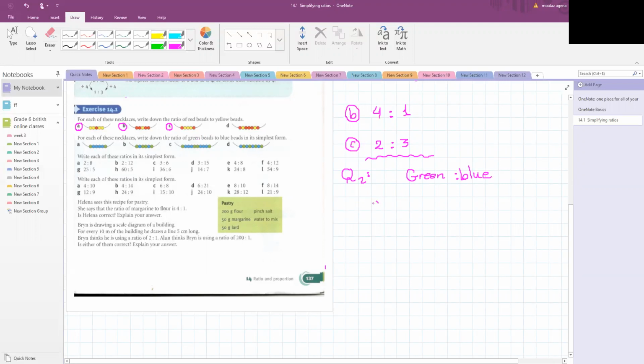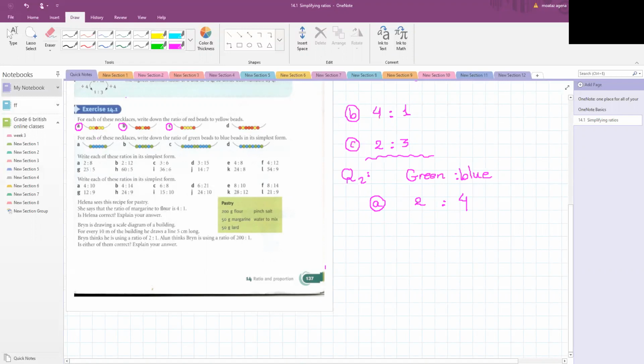So question A. He said, how many green beads do we have? We have 2. How many blue beads do we have here? We have 4. Okay, this ratio is not in simplest form.